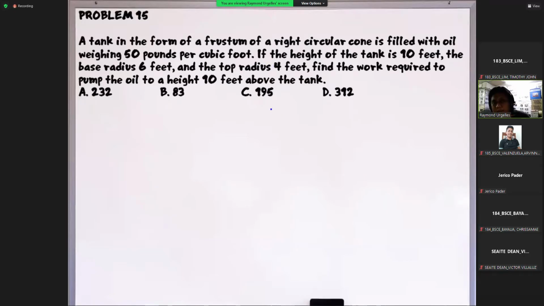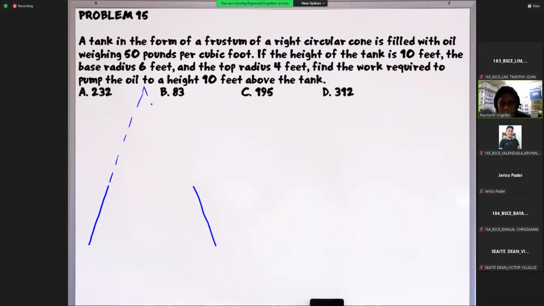Again, pag sinabi nating frustum, imagine nyo lang meron kayong circular cone, tapos tinanggal nyo yung top na part such that yung dalawang base ng frustum natin are parallel to each other. So let's say ito yung lateral side ng frustum natin. Again, this is originally a cone.